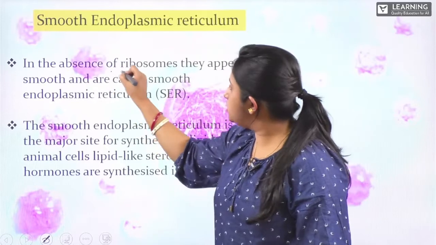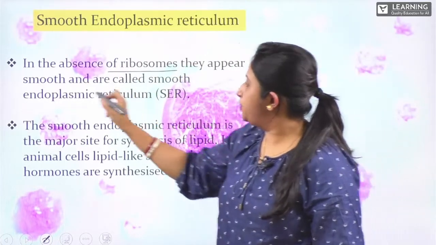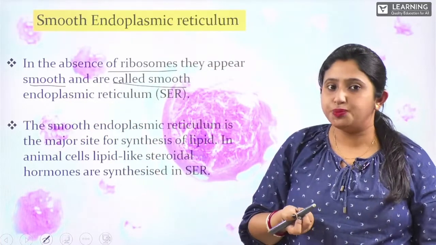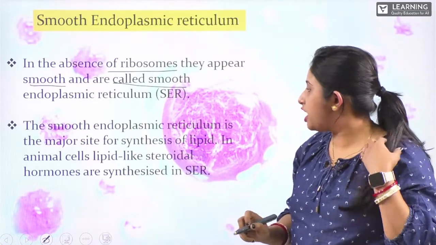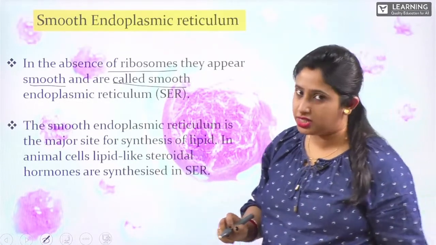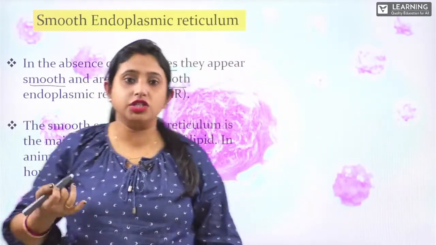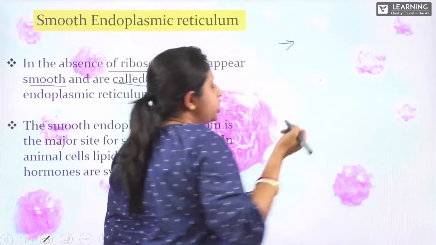In the absence of ribosomes, they appear smooth and are called smooth endoplasmic reticulum. The smooth endoplasmic reticulum is the major site for lipid synthesis. So what is the function of the smooth endoplasmic reticulum?